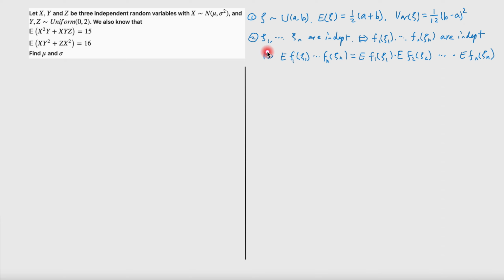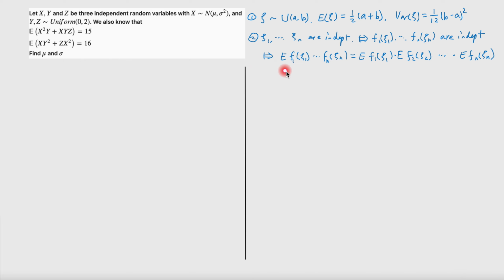The second fact: if random variables X1, X2 through Xn are all independent, then the functions of them, f1(X1), f2(X2), all the way to fn(Xn), are also independent.